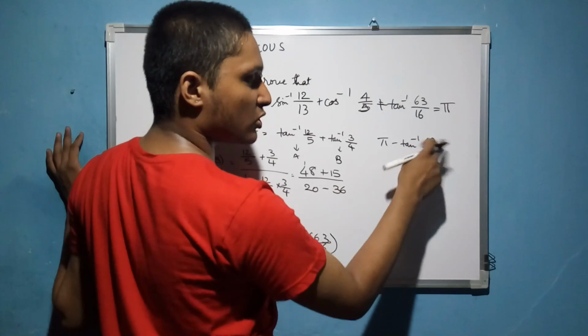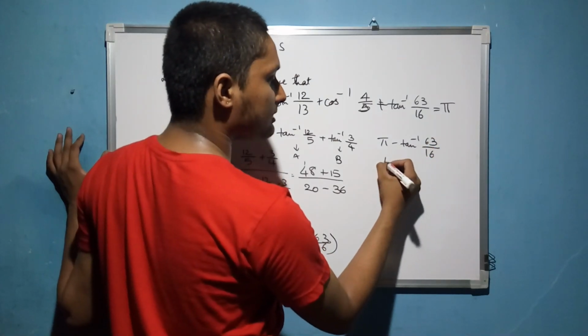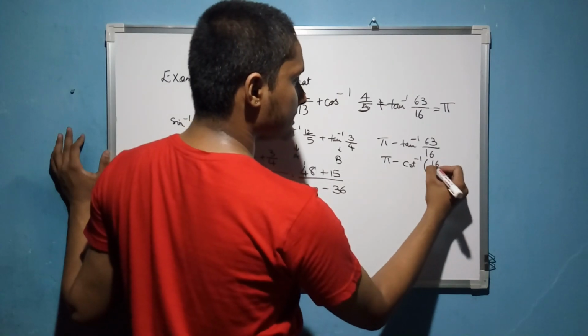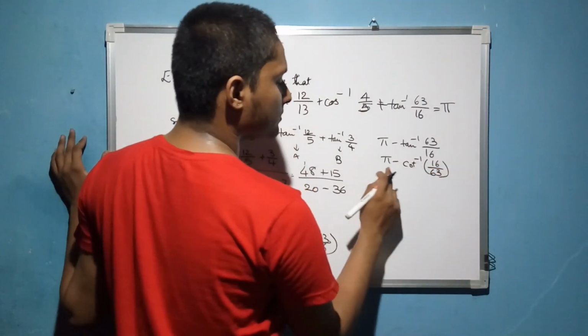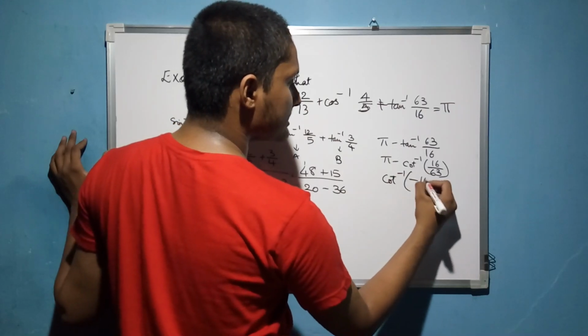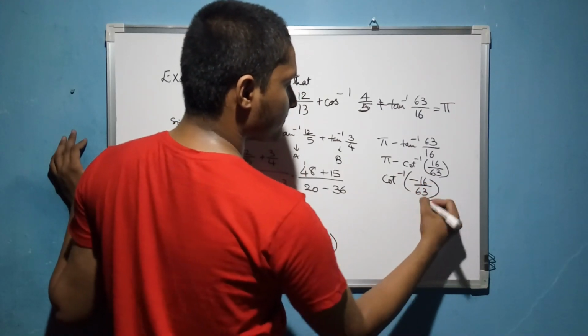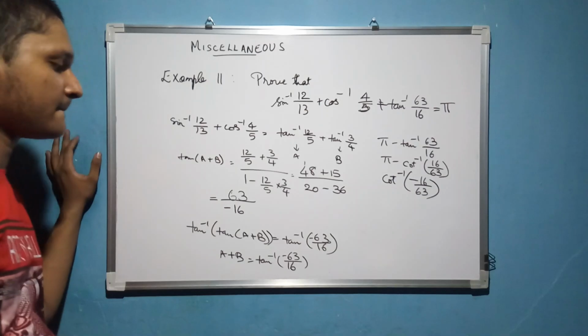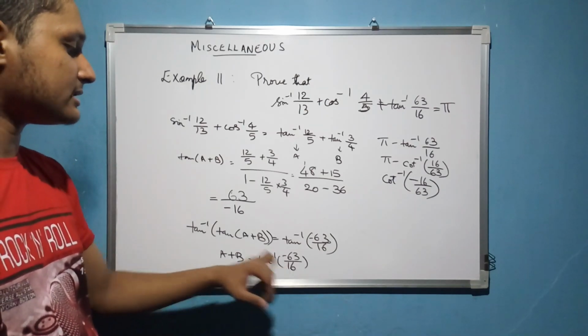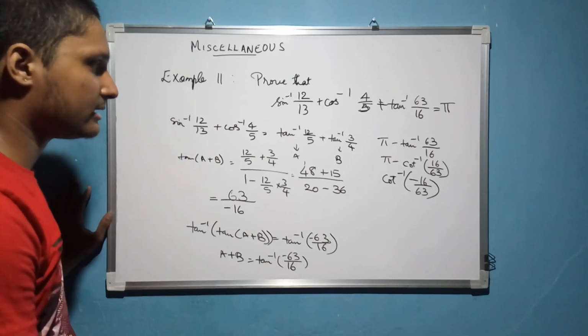So since this is positive, I can convert it into cot. So this becomes pi minus cot inverse 16 divided by 63. So pi minus cot inverse is cot inverse of minus 16 by 63. Okay. So a plus b is equal to tan inverse of minus 63 by 16.